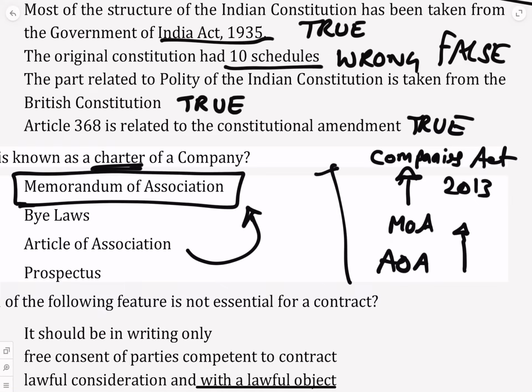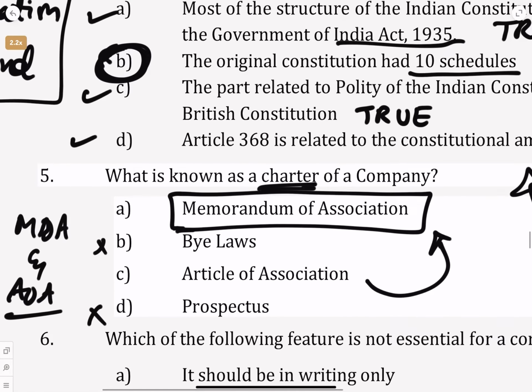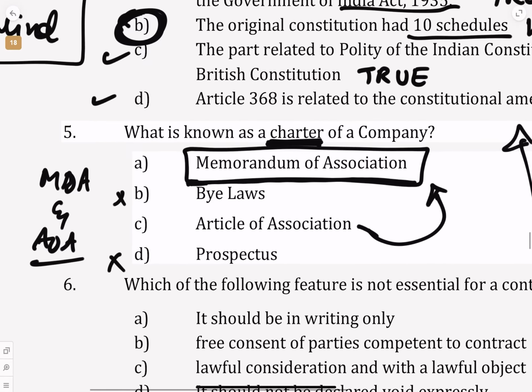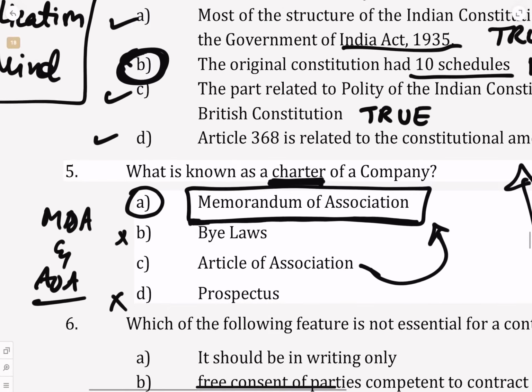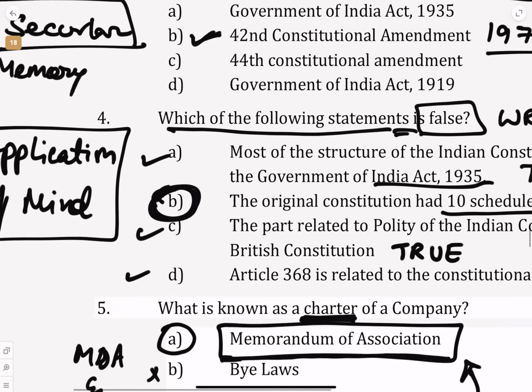So this is the hierarchy order. So in that way, even if you get confused, because you have to select one out of the four, you can say the charter document or the mother document for a company is always MOA. After MOA, it comes Articles of Association. So the answer is A. So we got the answer, okay, here.